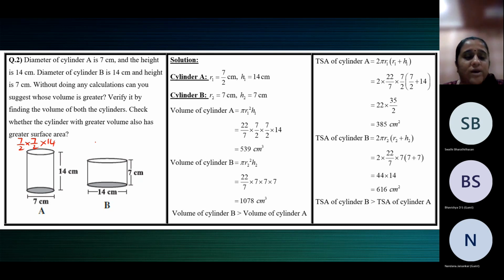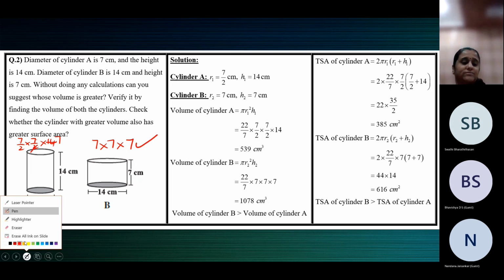For B, r square is 7 into 7, into h is 7. This is not the volume; we're just trying to estimate which one will have greater volume. Here it is 7 into 7 into 7 by 2, but here it is 7 into 7 into 7. So this one has greater volume.